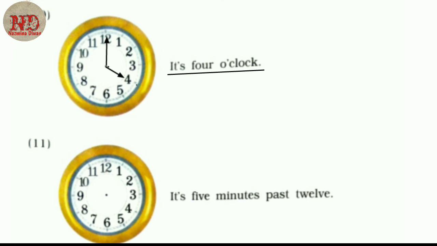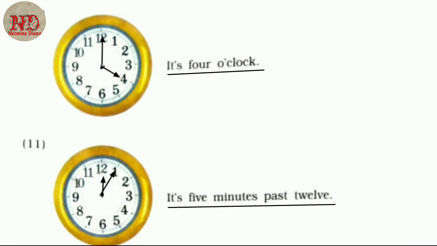Now move to the next clock. What time is it? It's 5 minutes past 12. So students, you have to draw a short hand on 12 and a long hand on 1. It is also called 12 o'clock and 5 minutes.